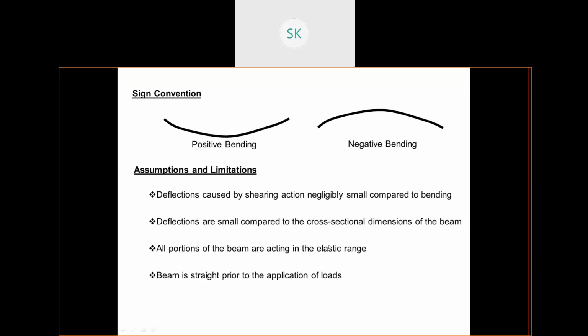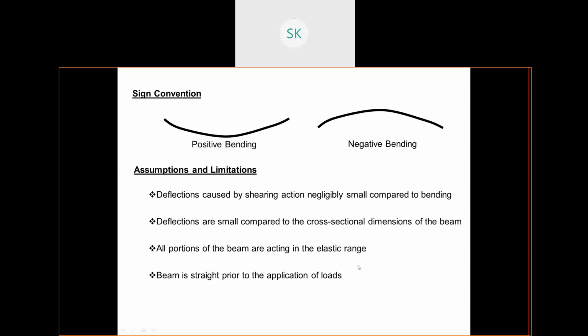This elastic region refers to your stress-strain path. It is the region where, when you apply a load to a beam or a structure, it will come back to its original position. Beyond this region, your beam or structure will not come back. So throughout the beam is acting in the elastic range. Whatever load you apply, it will deflect, but when you remove the load, it will come back to its original position.